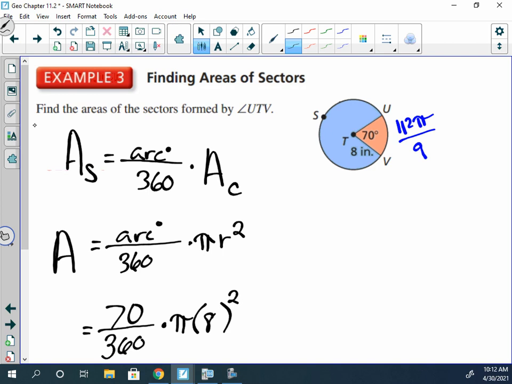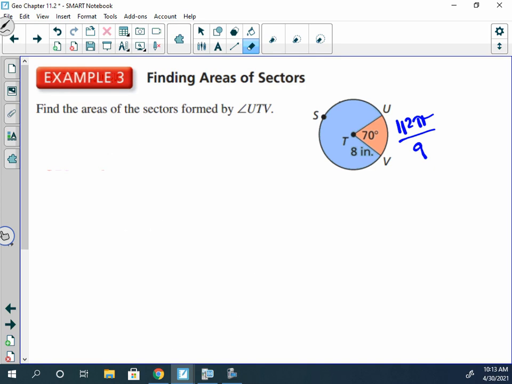Well, the area of the whole circle would not be 360. So what we could do is find the area of the other sector.